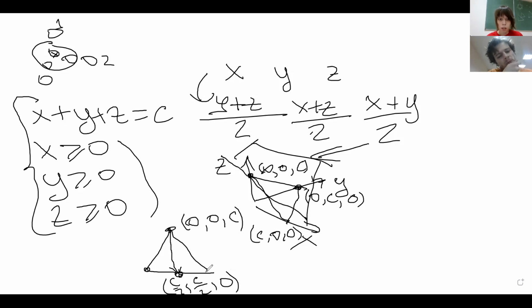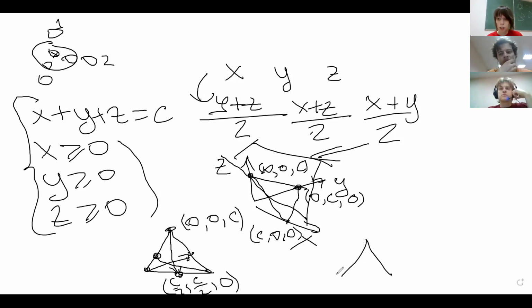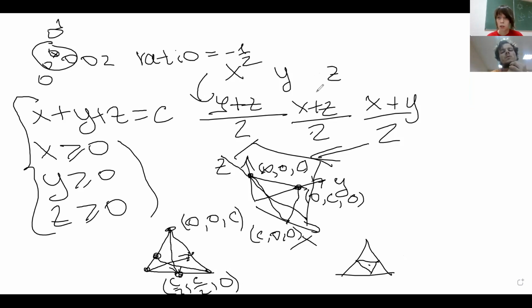And the other vertices go to the midpoint of the opposite side. So our triangle shrinks a little bit, rotates, and its center stays at the same place. So we get a homothetic transformation with ratio equal to minus 1/2.